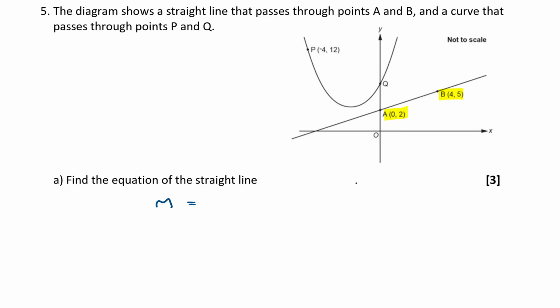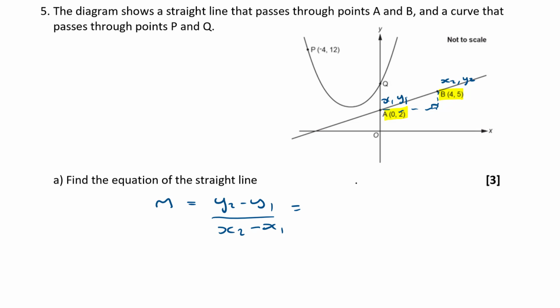Gradient of a line is equal to y2 minus y1 over x2 minus x1, where x1 and y1 are our x and y coordinates from the first point, and x2 and y2 are our x and y coordinates from the second point. Basically what we're doing is we're finding that change in y and that change in x, and we're dividing one by the other. Okay, so change in y first then.